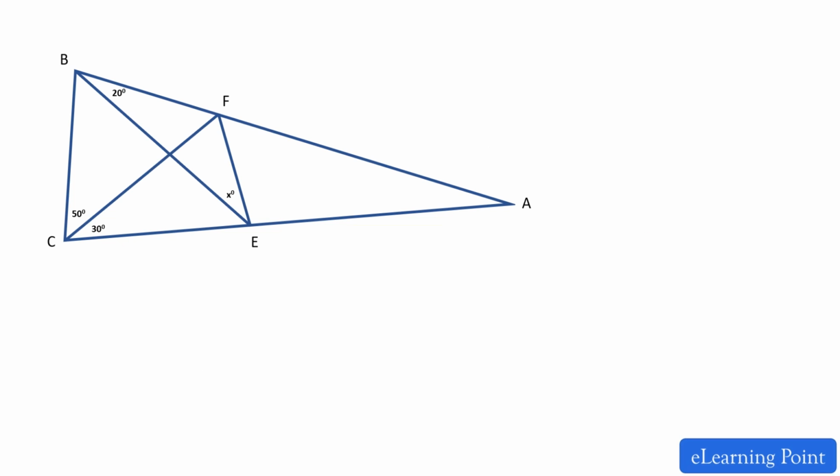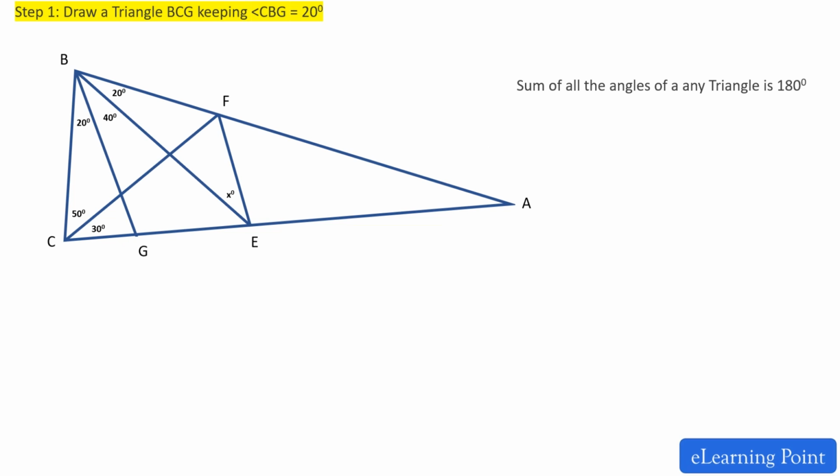So let's move on to the example now. Step 1 is to draw the triangle BCG keeping angle CBG equal to 20 degrees. So we have to draw the line BG as shown in this picture and the angle should remain as CBG equals 20 degrees. The sum of the angles of any triangle is 180 degrees.